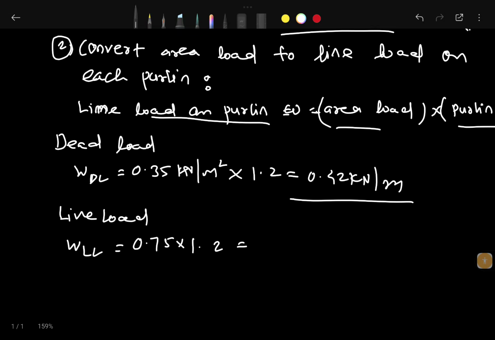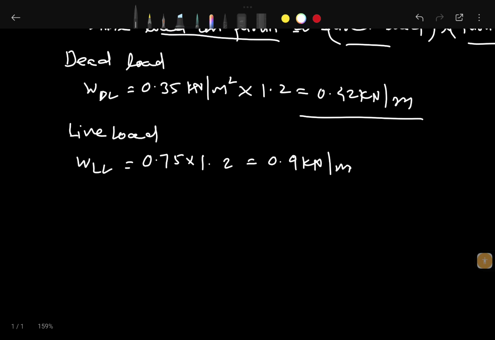Here we get live load 0.9 kilonewton per meter. Third, wind suction, uplift line load.